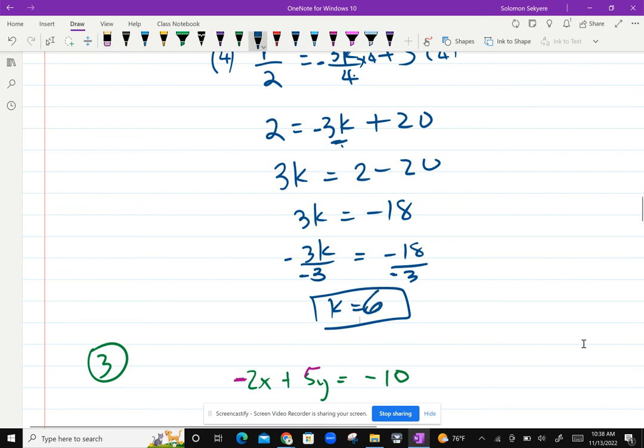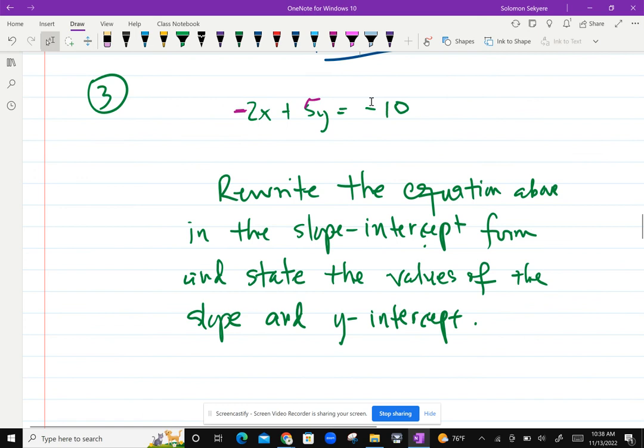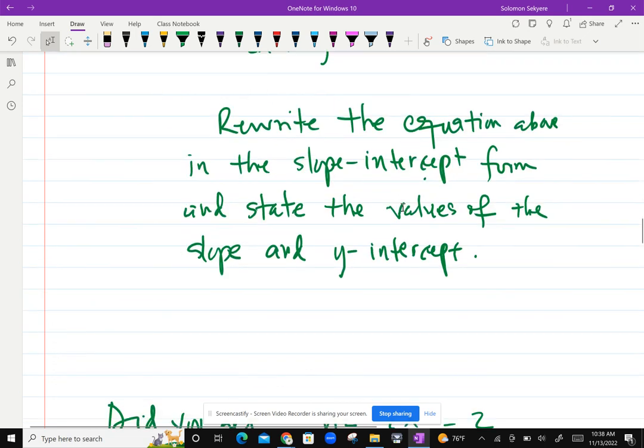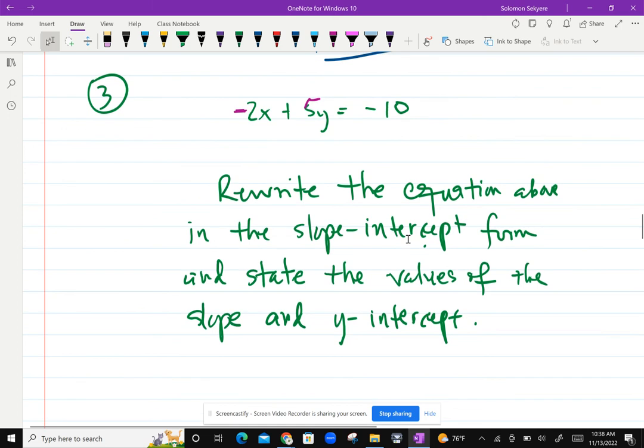Got it? Okay, so now try that. Rewrite this in the slope-intercept form. What is the y-intercept? And what is the slope?